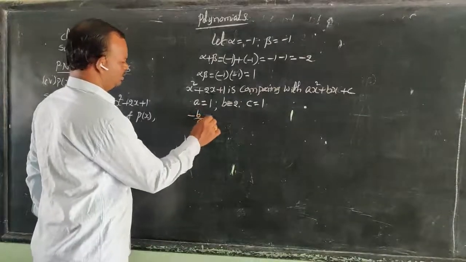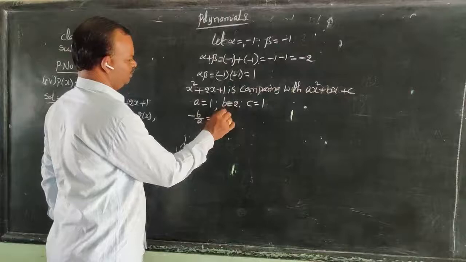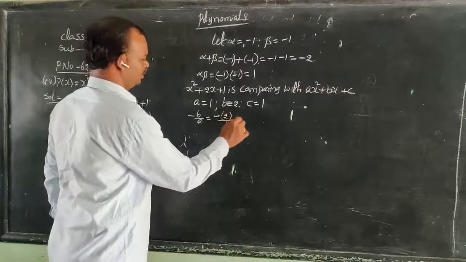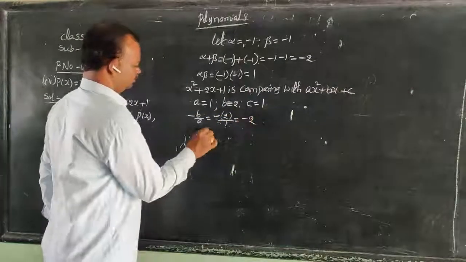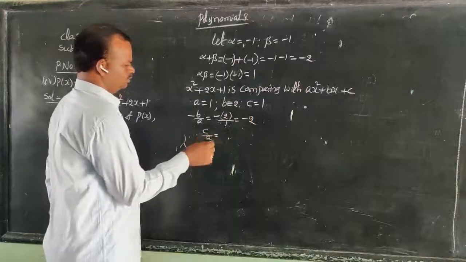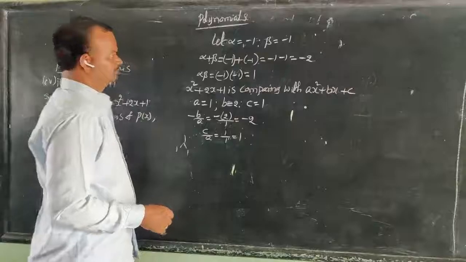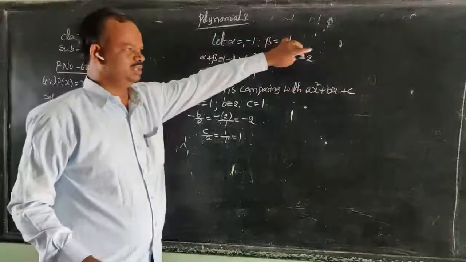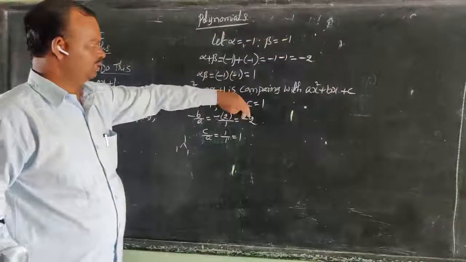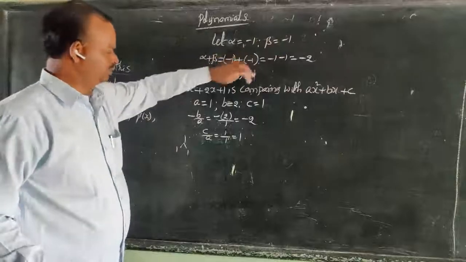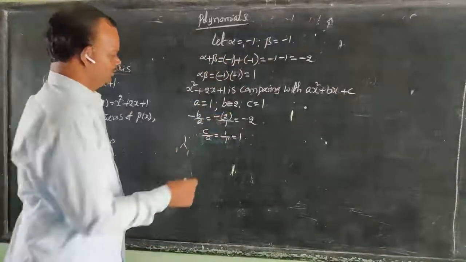Minus b by a is equal to minus 2 by 1, that is equal to minus 2. c by a is equal to 1 by 1, which is equal to 1. So alpha plus beta is equal to minus 2, which is minus b by a. Alpha into beta is equal to 1, which is c by a.